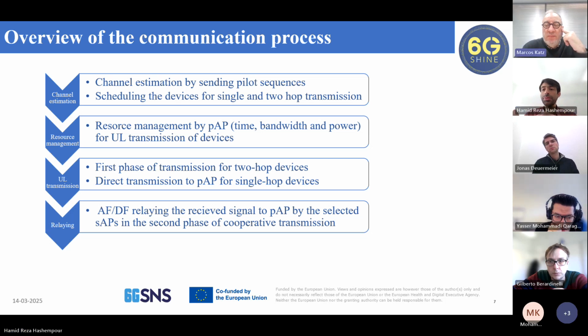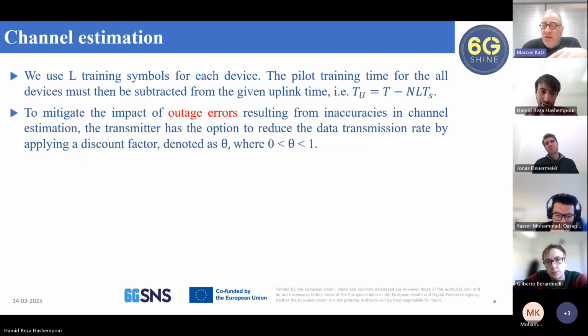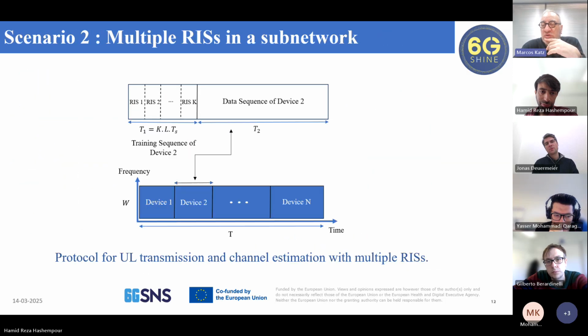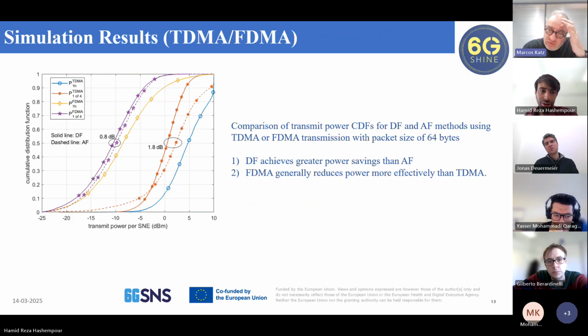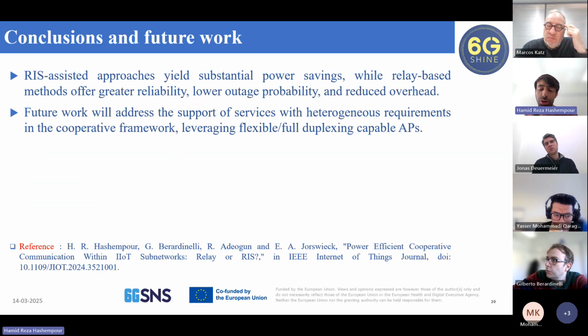Yeah. And then if you have mobility and you need to track the situation, this consumes a lot of resources. Yeah, it's a very nice comment. I forgot to say that in this scenario we consider a static case, where all the subnetworks and all the devices are static.